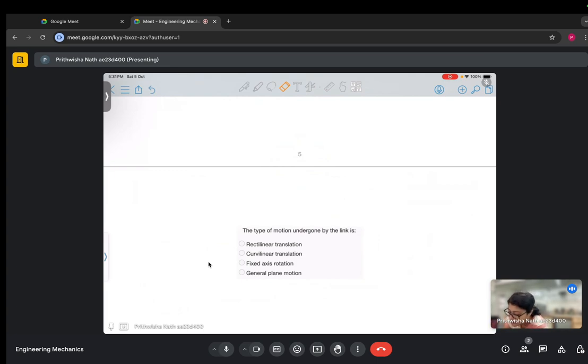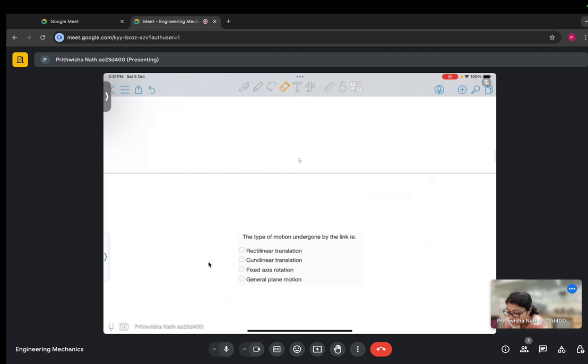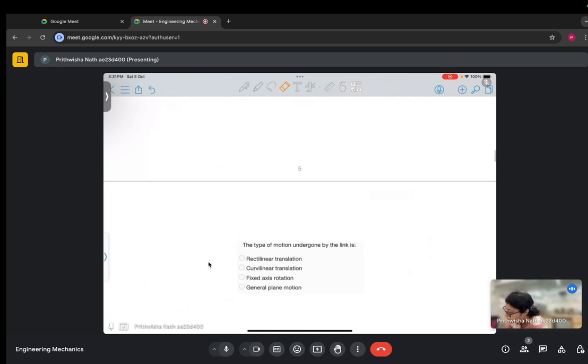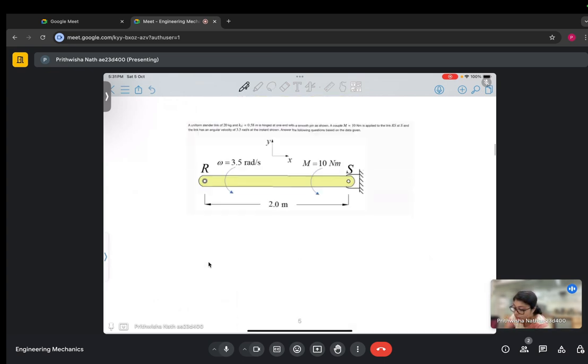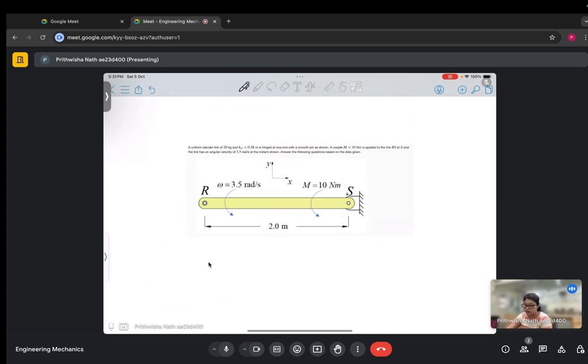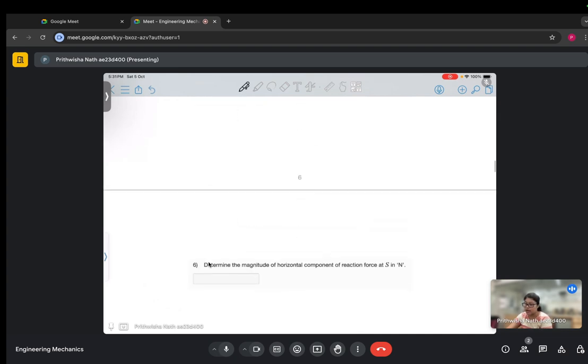As it can be seen, it is hinged at S. The link is hinged at S. So we can say that the motion of the link is fixed axis rotation. It can be seen from the figure, right, that it is hinged at S. So the link is undergoing fixed axis rotation. Now we are asked to find the magnitude of horizontal component of reaction force at S in newtons.